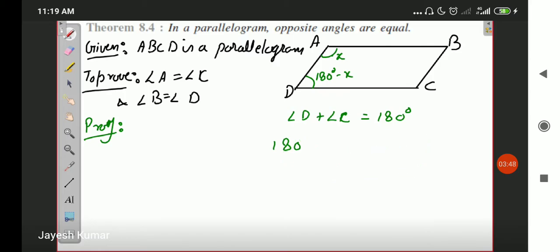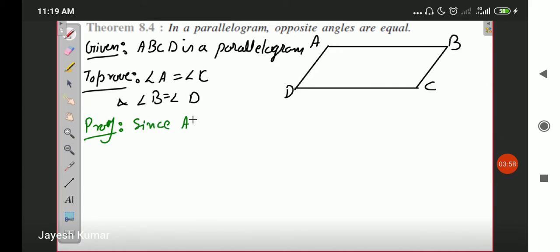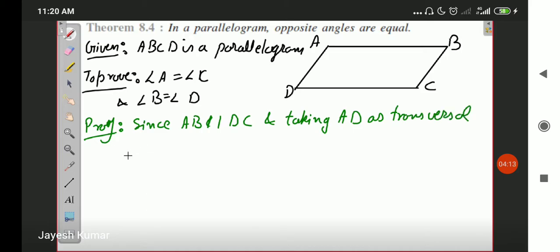Wait a minute. Let me clear the diagram for you, and then we will start again. First of all, since line AB is parallel to DC, and taking AD as transversal, we will have angle A plus angle D equals 180 degrees.